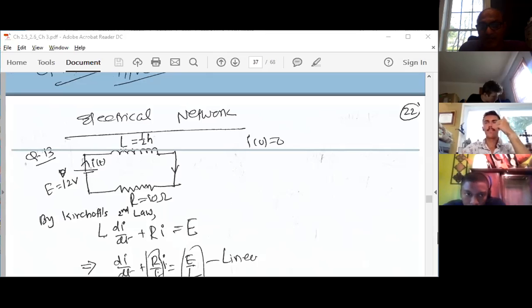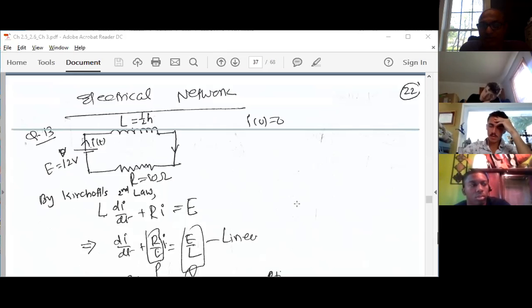The voltage across the resistance is given by R times i. So that is equal to E. Our equation will be L di/dt plus Ri equal to E. If you divide by L, you can see R, L, and E are constants, you get di/dt plus (R/L) i equal to E/L.